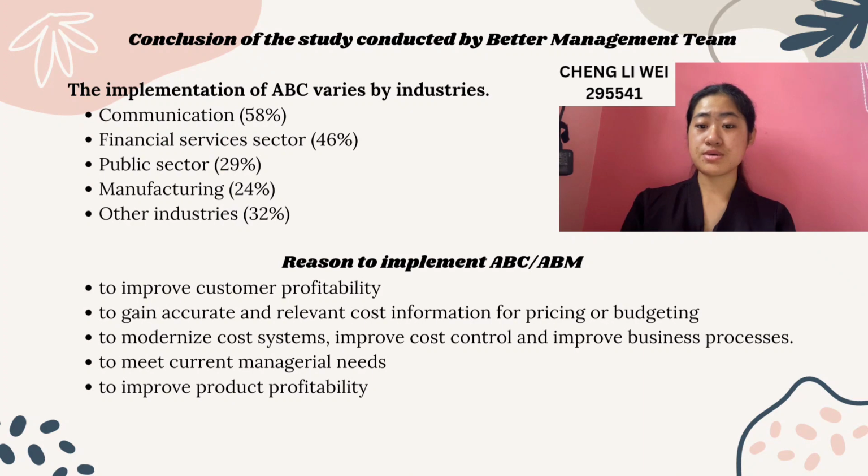The main conclusion of the study is that the implementation of ABC varies by industry. Companies that implemented and are actively using ABC or ABM are represented by communication, which is 58%, or the financial services sector 46%, followed by public sector 29%, manufacturing 24%, and other industry 32%.